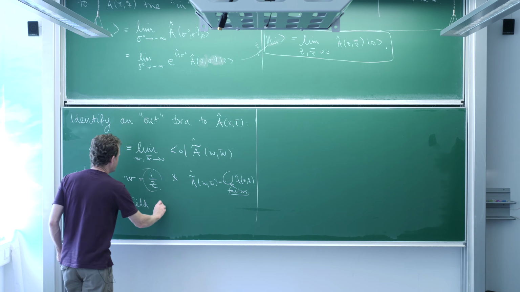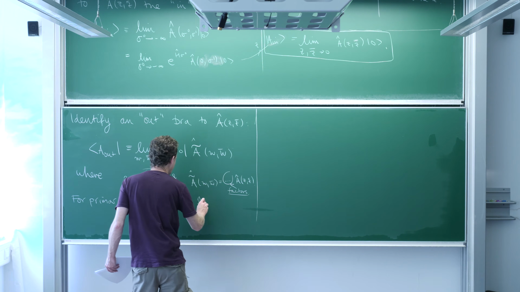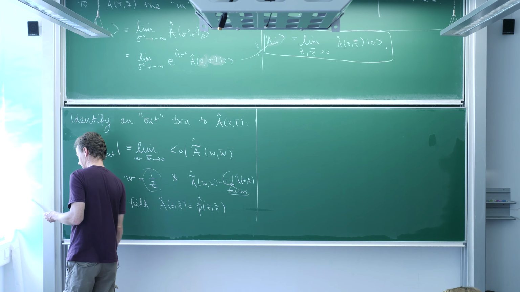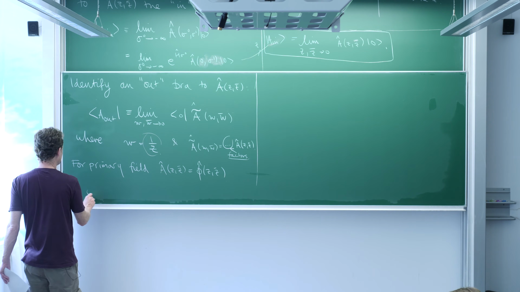So for a primary field, phi hat z z bar equals phi hat z z bar, we know how primary fields behave under conformal transformations.